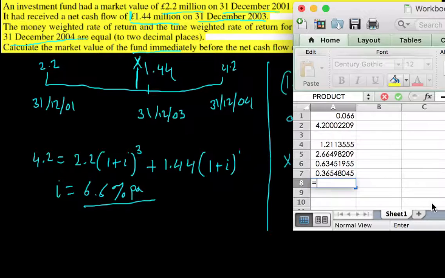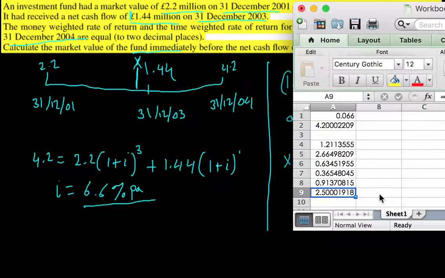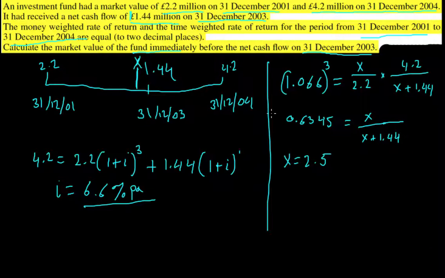Then we take the left-hand side divided by the right-hand side, and we do get 2.5. If this is a bit confusing, just let me know. So that's the answer: the value before we get our 1.44 amount.